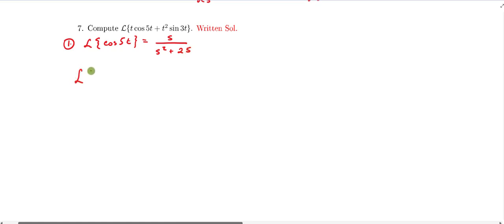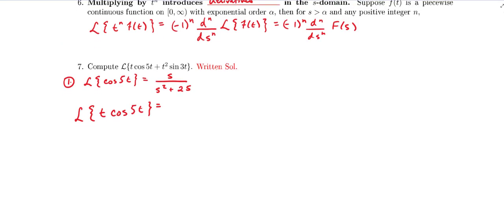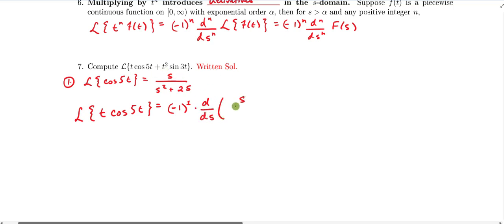So the question then becomes, what about the Laplace transform of t times the cosine of 5t? This is where we're going to incorporate the above formula that we'll prove in class. This is -1 to the +1 power, and we're going to take the first derivative of the known Laplace transform for cosine 5t.